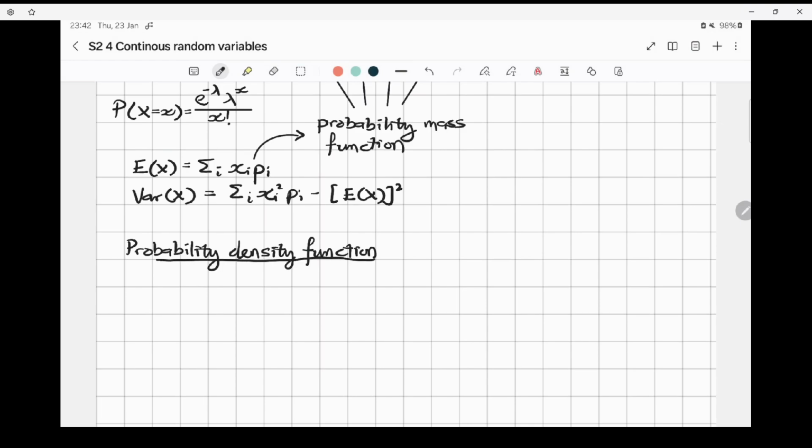So the probability density function is the continuous random variable version of the probability mass function. Remember that the probability density function is for continuous random variables, and the probability mass function is for discrete random variables.